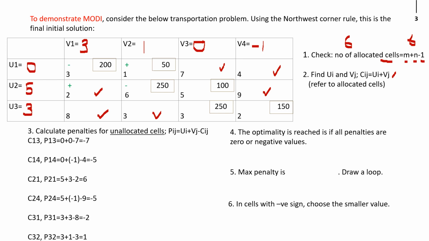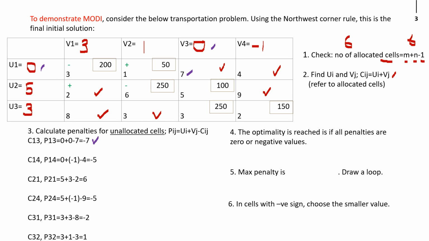Now for C13, the penalty is 0 plus 0 minus 7. So we have negative 7.